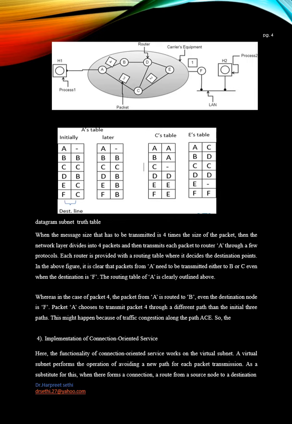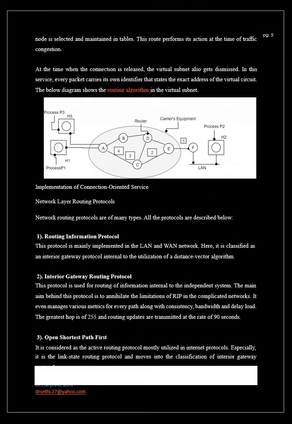So the C table shows that and the E table shows that, because if it is connectionless, the datagram packets deliver all the packets through whichever routing is available. But in connection oriented service, the virtual subnet path is fixed, and from the virtual path you send all the data.